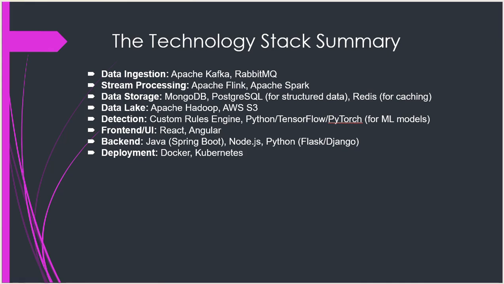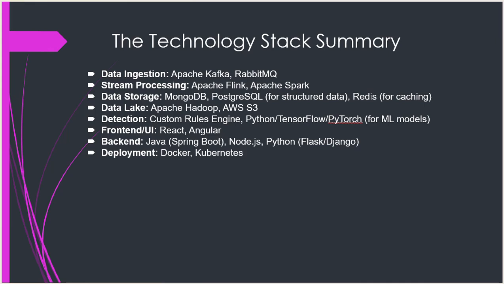For data storage, we will use MongoDB, PostgreSQL for the structured data, Redis for caching, and Microsoft SQL. So these are the databases. These interact with the data storage or SQL to fetch and collect the data, and data lakes like Apache Hadoop and AWS S3.